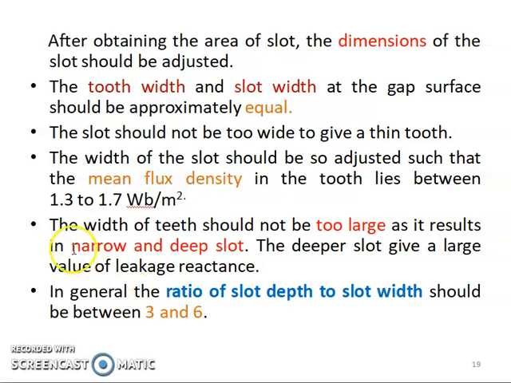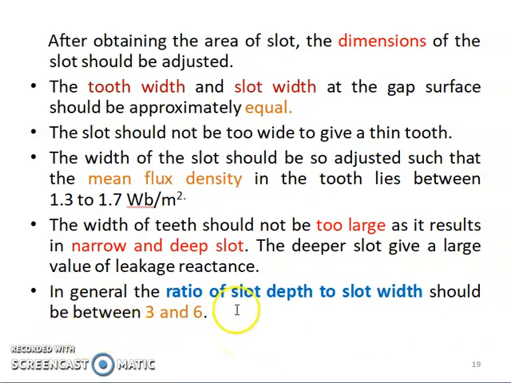The width of teeth should not be too large, as it gives a narrow and deep slot, and the deeper the slot, the value of leakage reactance increases, and this affects some performance parameters of the machine like overload capacity. In general, the ratio of slot depth to slot width should be between 3 and 6.